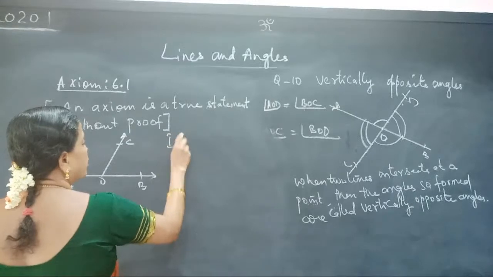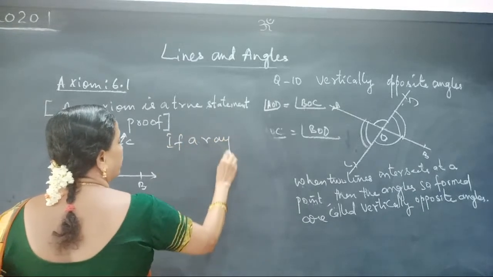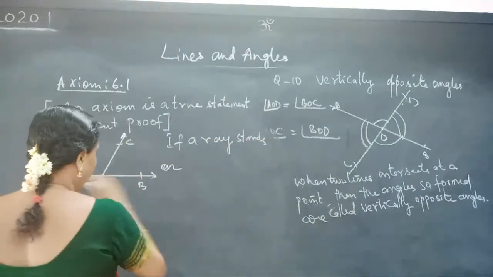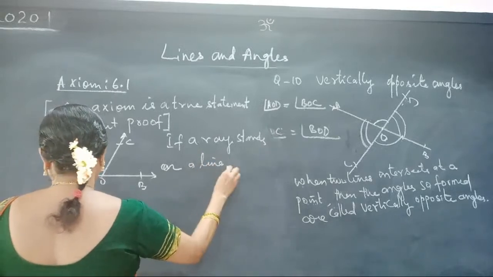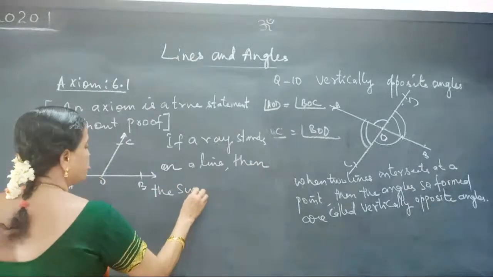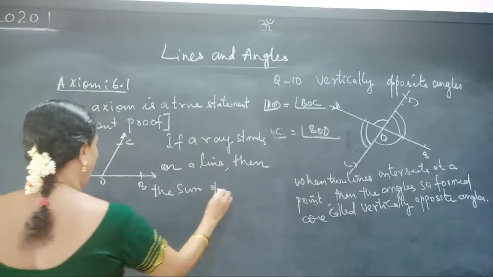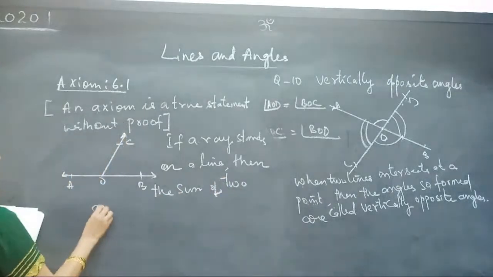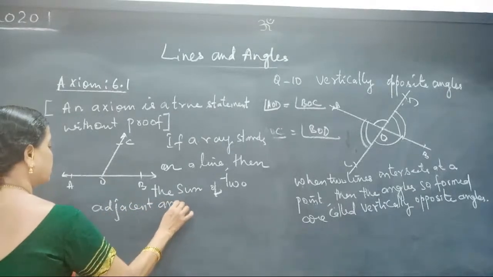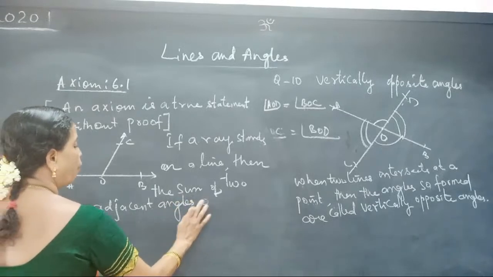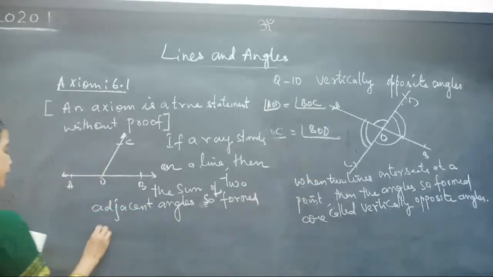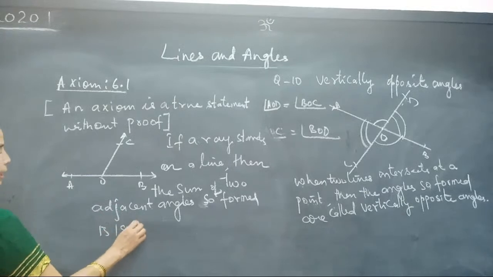If a ray stands on a line, then the sum of two adjacent angles so formed is 180 degree.